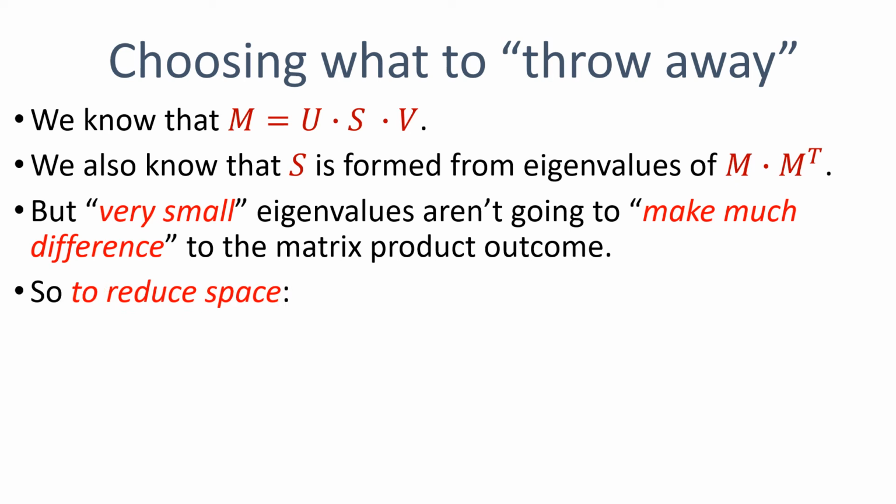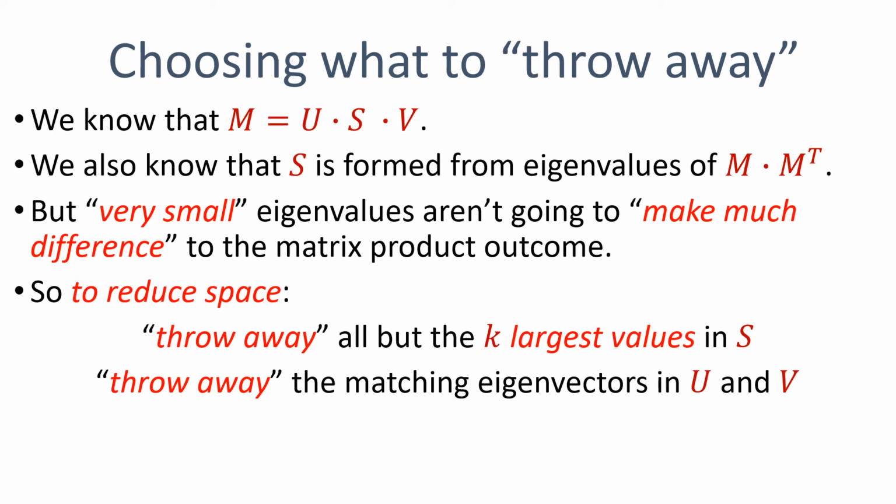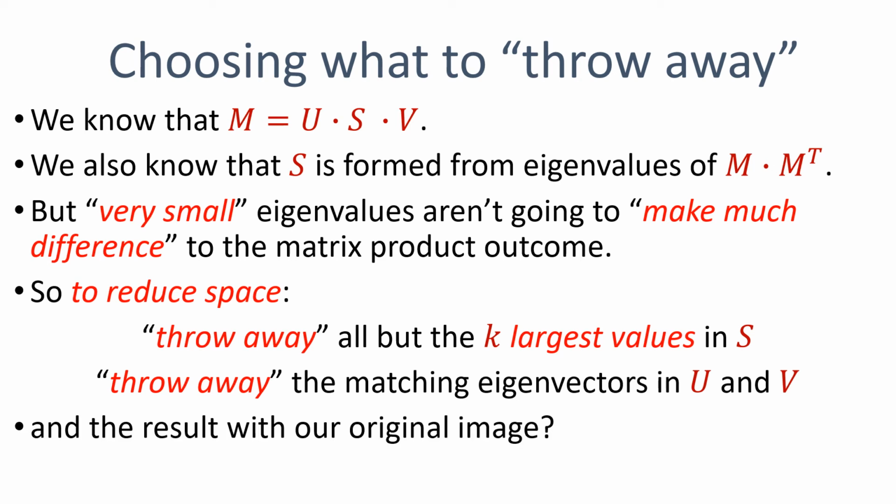So we don't really need them. So to reduce space, all we do is get rid of all but the largest values in our middle matrix. And when we've done that, that forces us to throw away the corresponding eigenvectors in our first matrix and in our second matrix that we've added, our U and our V.